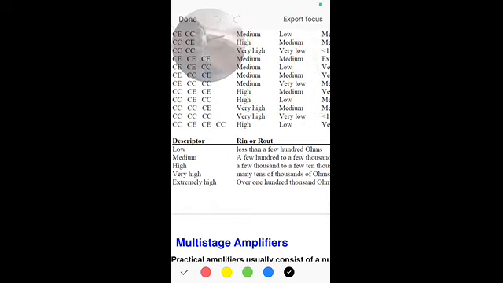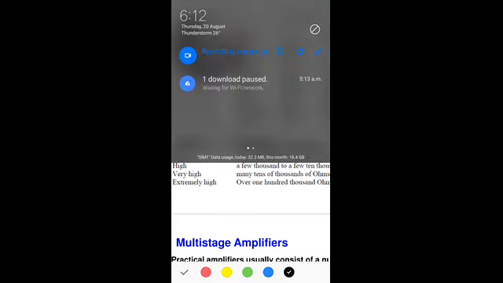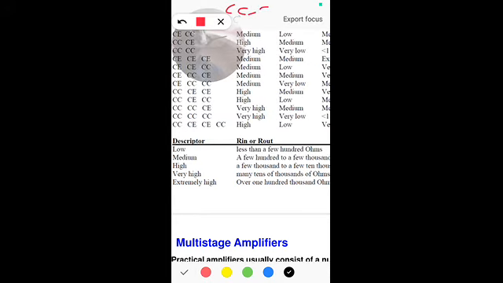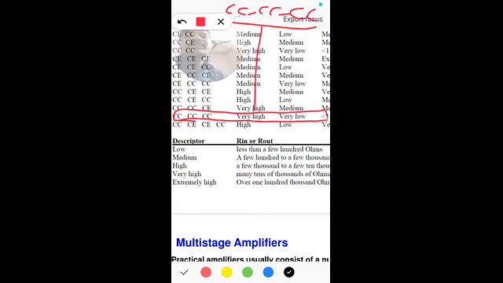And when we use three CC configurations, CC, CC and CC, we are going to have very high input impedance, because all three configurations offer a very high input impedance.